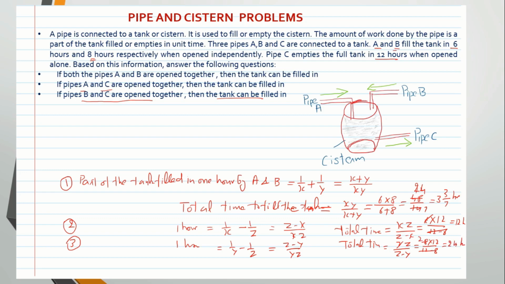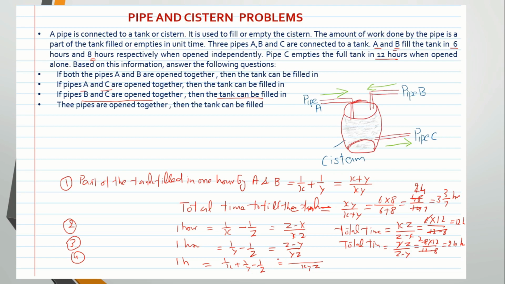Here if you open all 3 together, children, you just check this one again. When 3 pipes are open together, for 1 hour the part of the tank filled by ABC is 1 over X plus 1 over Y minus 1 over Z. You just simplify it, taking the LCM.